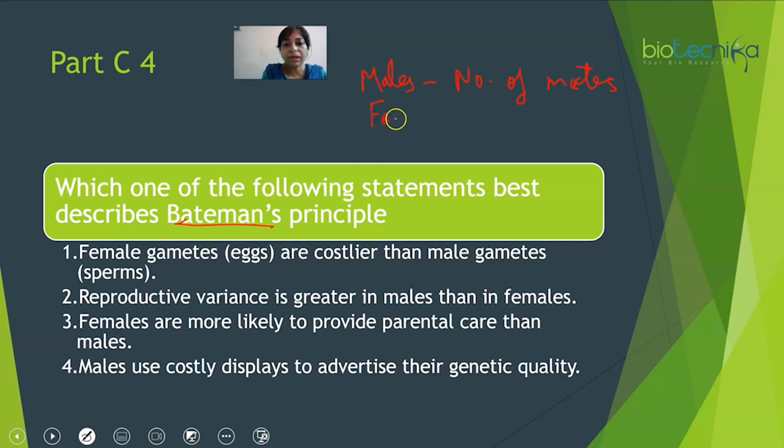But for females, it is not the same. It is not dependent on the males, but the reproductive success is dependent on the number of eggs they produce. So they are limited by the number of eggs.